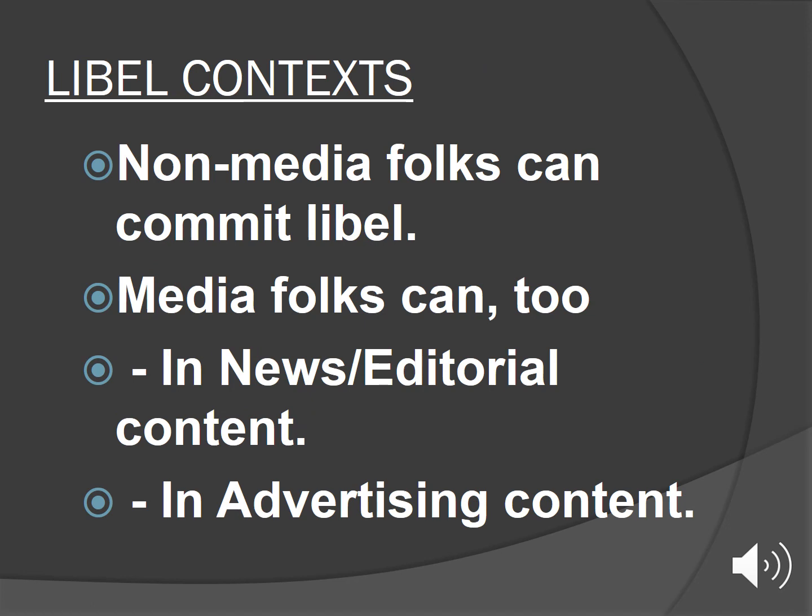So we talk about libel law, and in our context it's usually media practitioners, advertising that is libelous, news editorial content that's libelous. But again, the law is not specific to the platform.